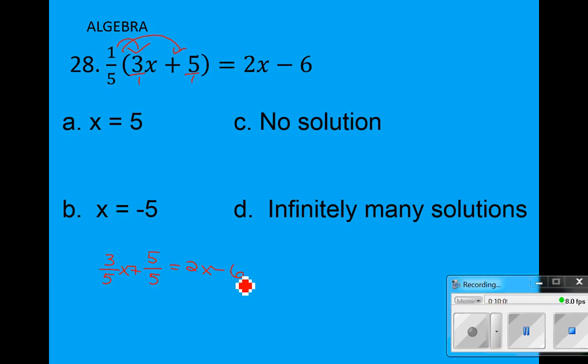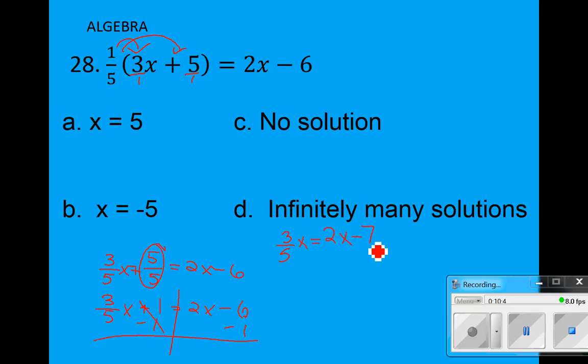This is going to become 1, so 3 over 5x plus 1 equals 2x minus 6. I can go ahead and subtract 1 on both sides. And that gives me 3 over 5x equals 2x minus 7.